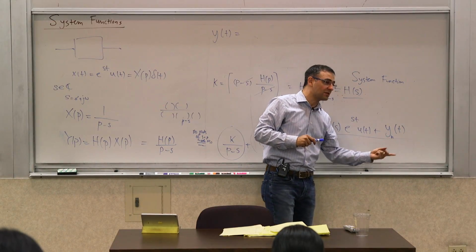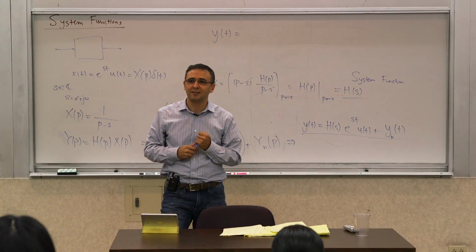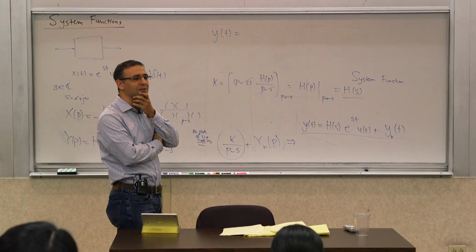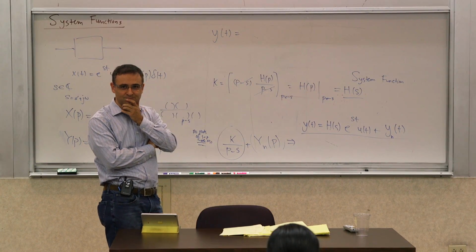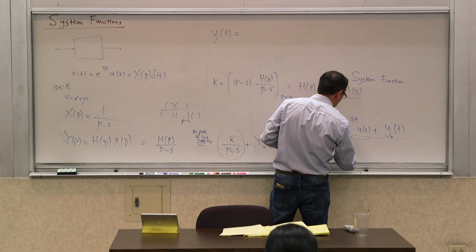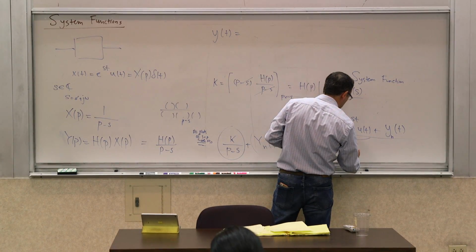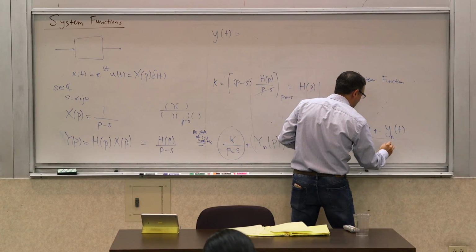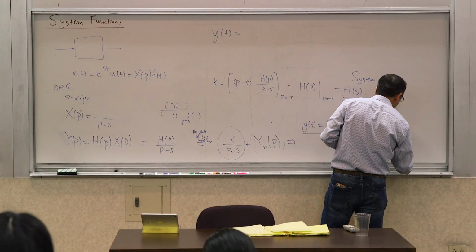Now, can you guess why I used the subscript n for that? What does that n stand for? Natural. And what is this? Forced. So this is the forced response, and this is the natural response of the system.